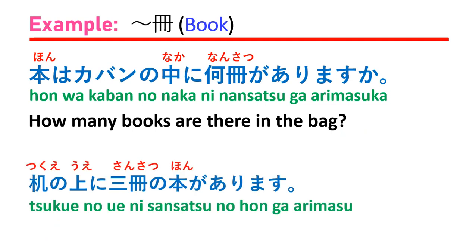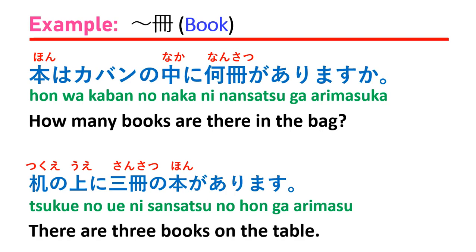The second, 机の上に3冊の本があります。Which means, there are 3 books on the table.